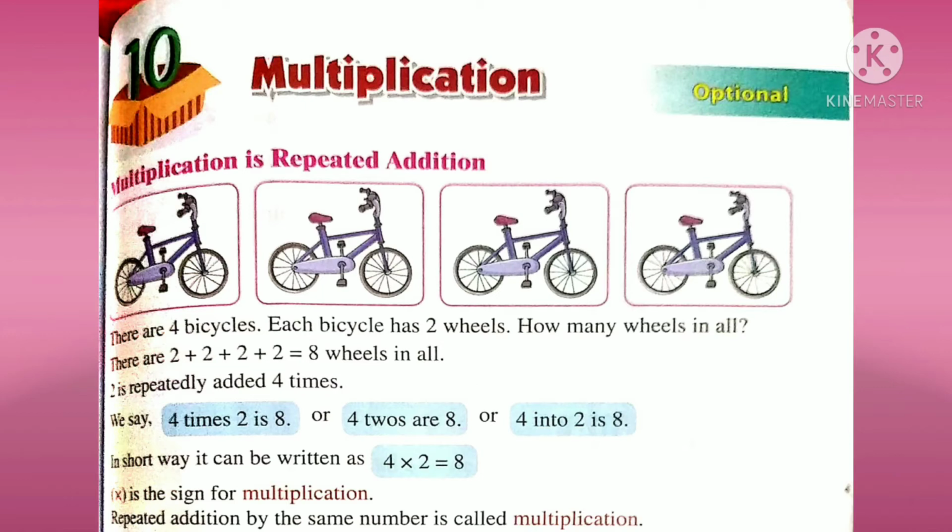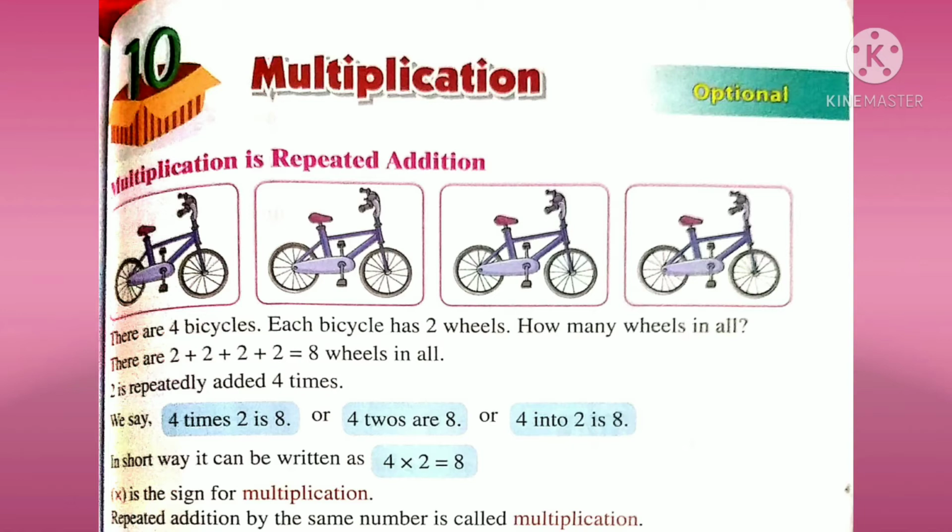2 is repeatedly added 4 times. We say 4 times 2 is 8 or 4 2s are 8 or 4 into 2 is 8.